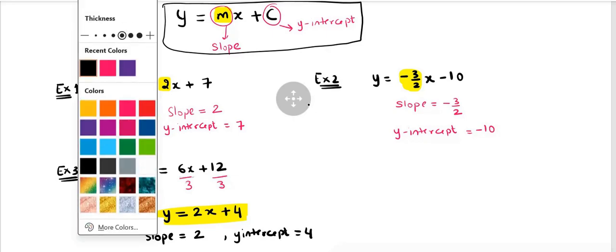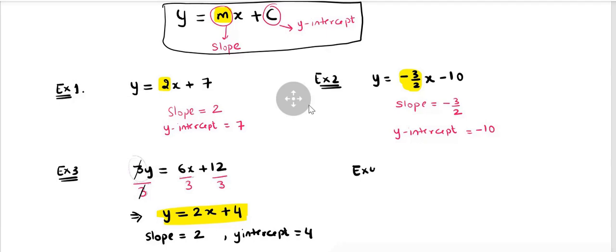Considering another example, if you have 2y minus 5x plus 10 equals 0, and you have to find again the slope and y-intercept. As this is not in the same form, first of all we need the coefficient of y to be 1.